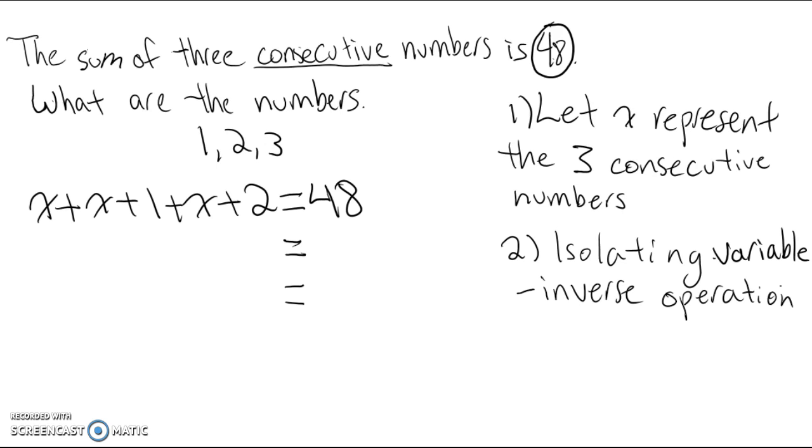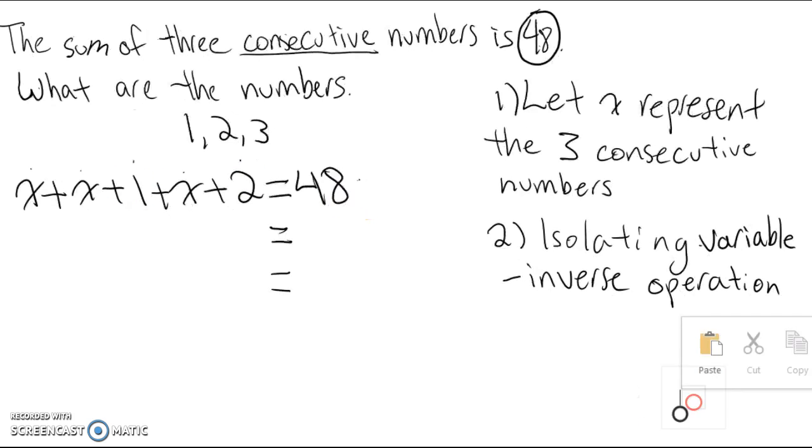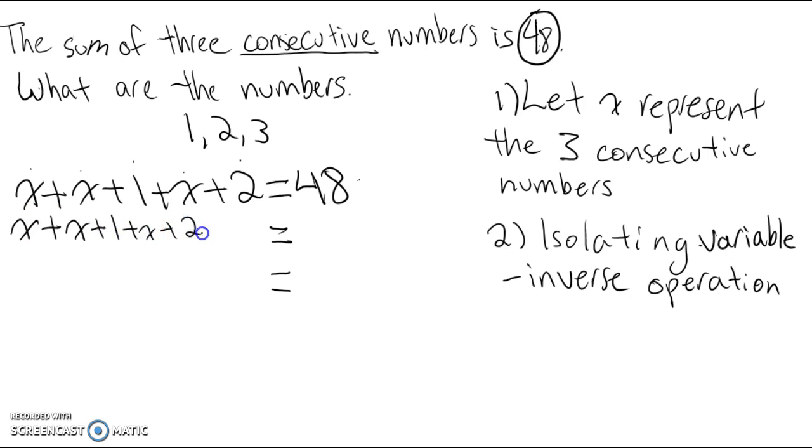So we want x to be isolated right here, and these are some numbers that we want to isolate over to here. Okay, now let's get started. So we do x plus 1 plus x plus 2, but we use inverse operations to isolate these numbers, to isolate the variable.